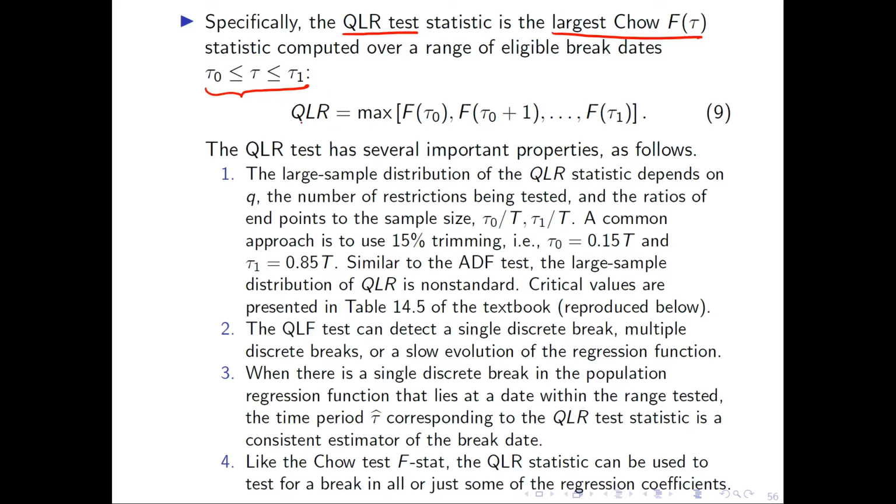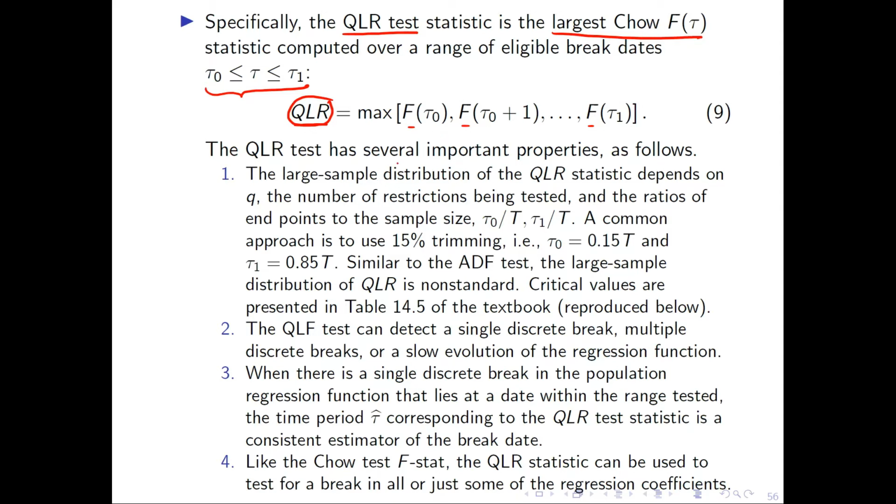And the QLR is the maximum value of these F values. So you just look at which F value was the highest, and that would be your QLR test statistic.